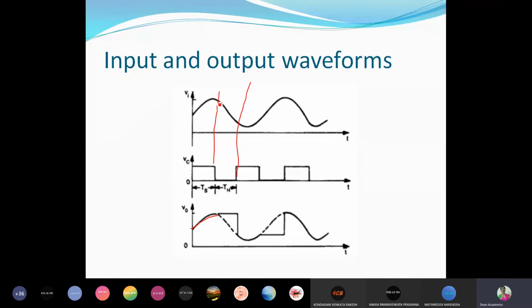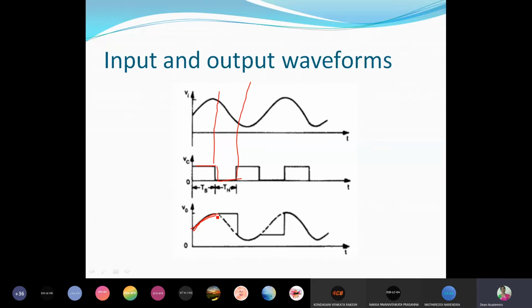This is the input voltage, and now the control voltage is maximum. Therefore, the MOSFET acts as a closed switch. Therefore, the capacitor receives this input voltage and starts charging up to this. Now what happened? The control voltage has gone down to 0.